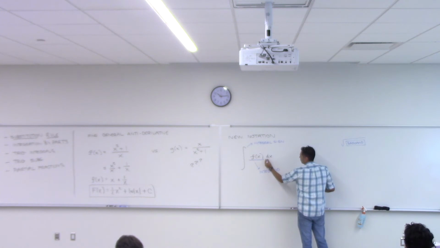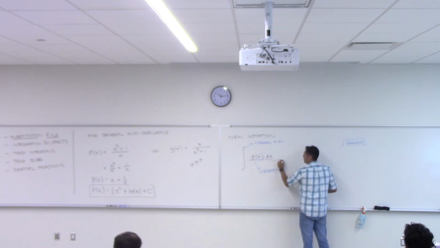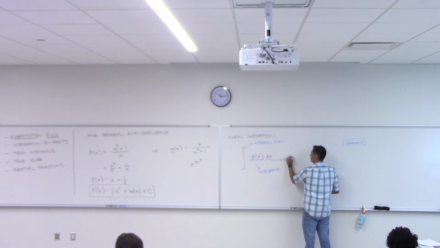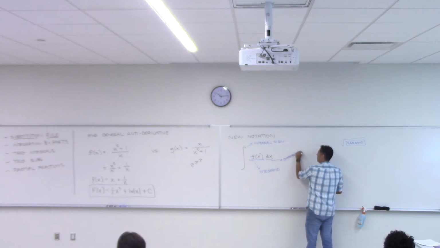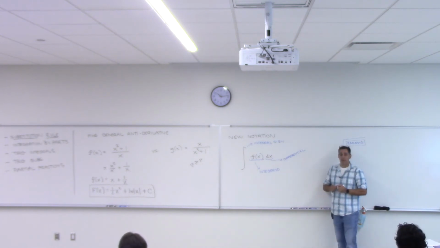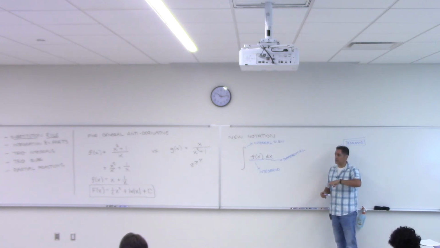This piece right here, which causes a lot of people headaches, is called the differential. And that piece right there, all it does is keep track of the variable that you're finding the antiderivative with respect to. Okay, pay attention to what I'm saying.